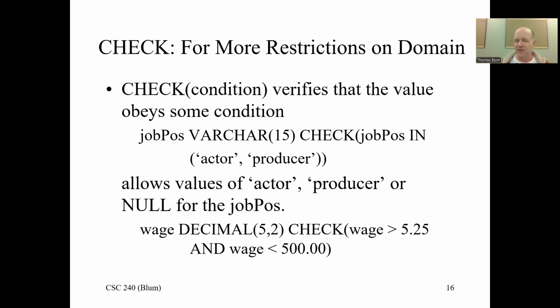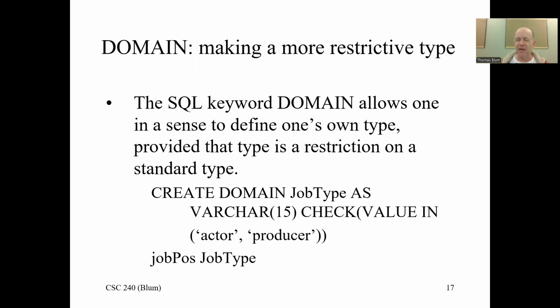So is the job position from that list, or is it a null? I allowed actor, producer, or null, so I'm checking, is it in that list? Is my wage more than minimum wage? If somebody does some updating and inputs a wage, I will do a check to make sure it fits in the domain that I am defining.